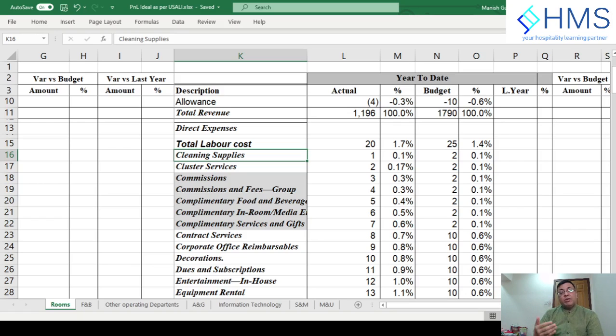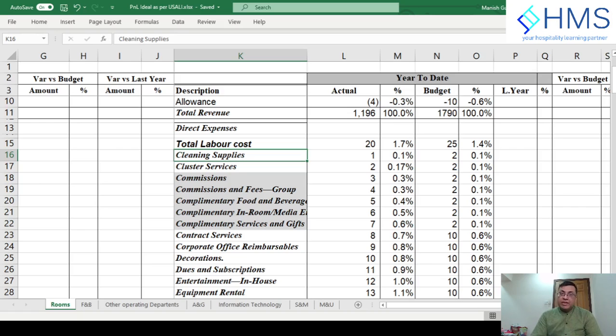The variable portion, which is mostly spent on the occupied rooms, if you divide it by the occupied rooms in this month, budget and last year, per occupied room, are we spending similar money or are we spending too much? This way you will be able to understand the expense.